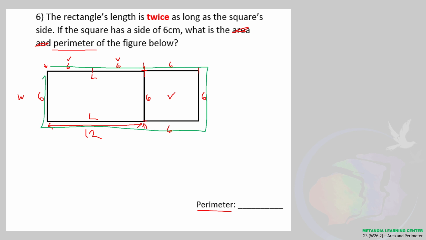At this point, you should not include this side because this side is inside the figure. By definition, the perimeter should be around the figure, so by adding up everything, you don't need to include this part. Anything that is inside the figure, don't include. Only around the figure. Okay?